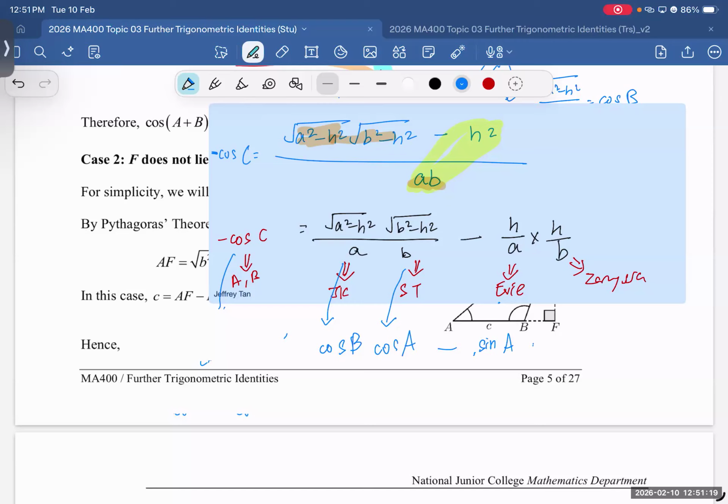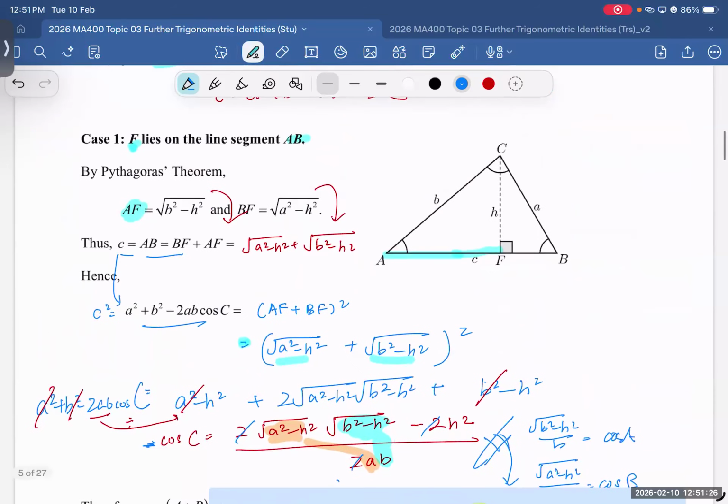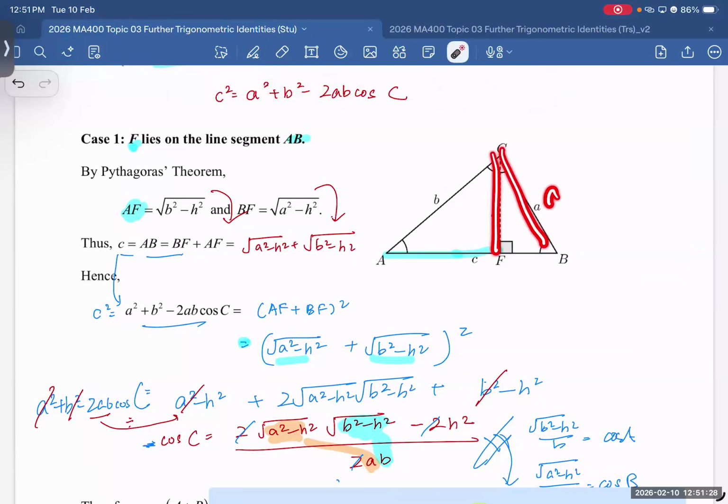Yours is sine A also. So you look carefully, H over A is which one? H over A is sine B. Oh, okay.